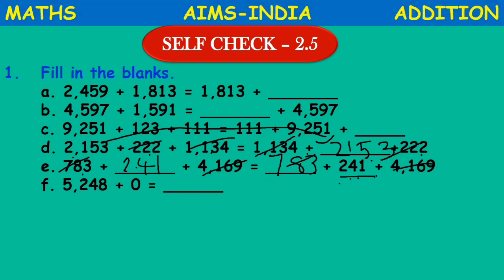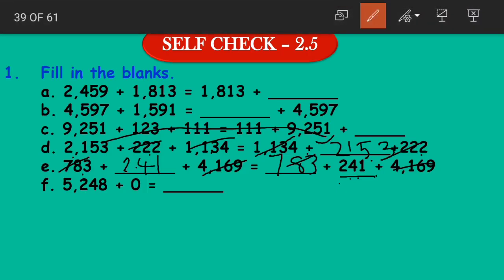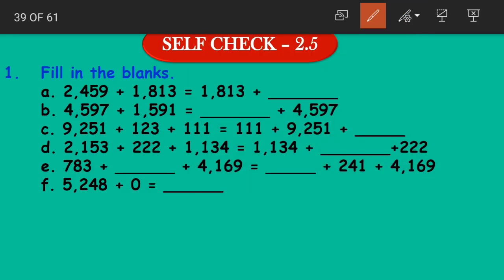Question number F. 5248 plus 0 is equal to blank. And again, which property is this? This is our additive property of 0. What does it say?